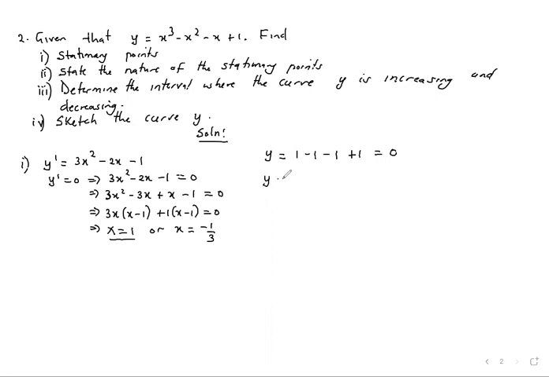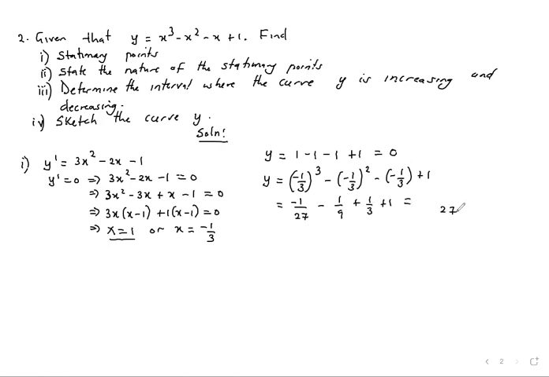When x is negative 1 over 3, we get negative 1 over 3 to the power 3 minus negative 1 over 3 to the power 2 minus negative 1 over 3 plus 1, giving us negative 1 over 27 minus 1 over 9 plus 1 over 3 plus 1.